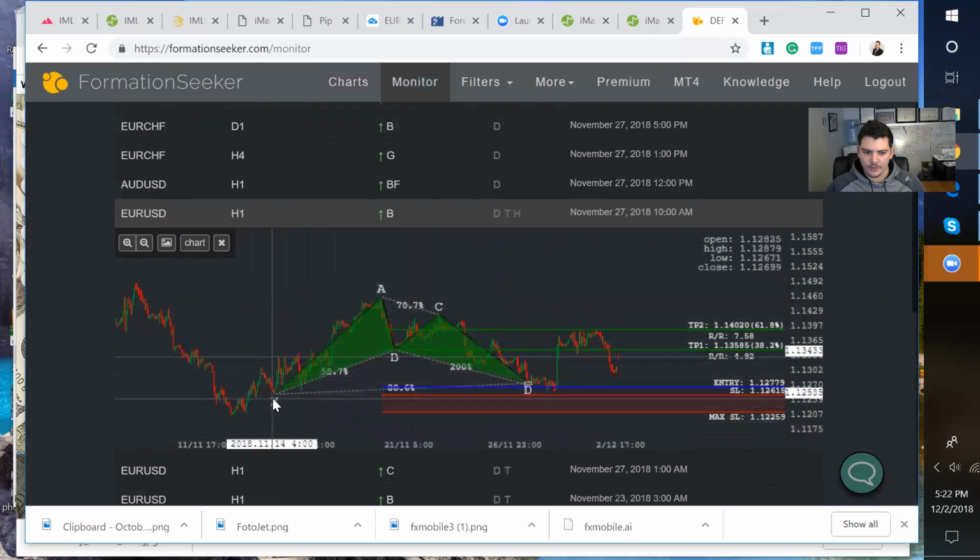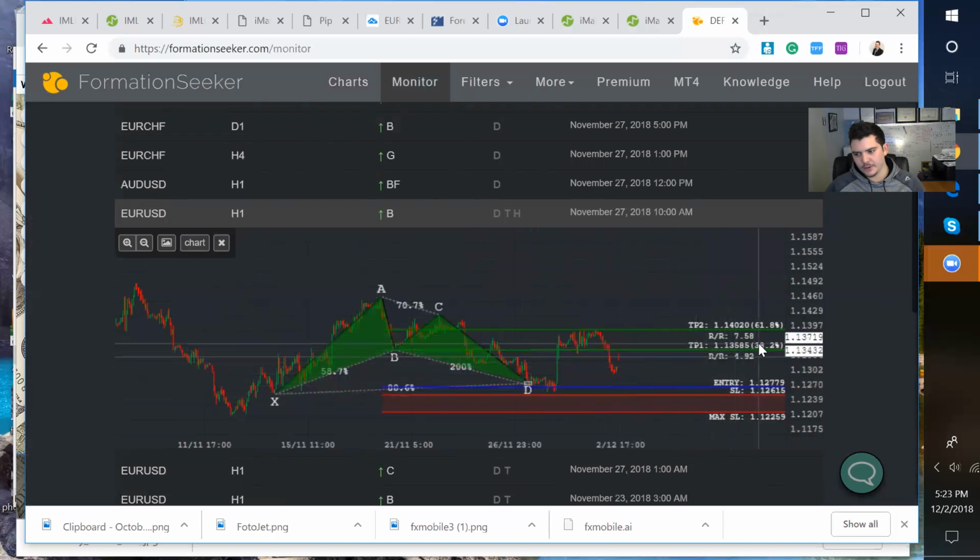Things to know about this is that these triangles are made out of Fibonacci ratios, and they are probably one of the most important things to know in the market. What this harmonic does is find those Fibonacci ratios and find the perfect point in the market where there's a reversal, right? You can see it found this point. This was your entry. This was the stop loss.